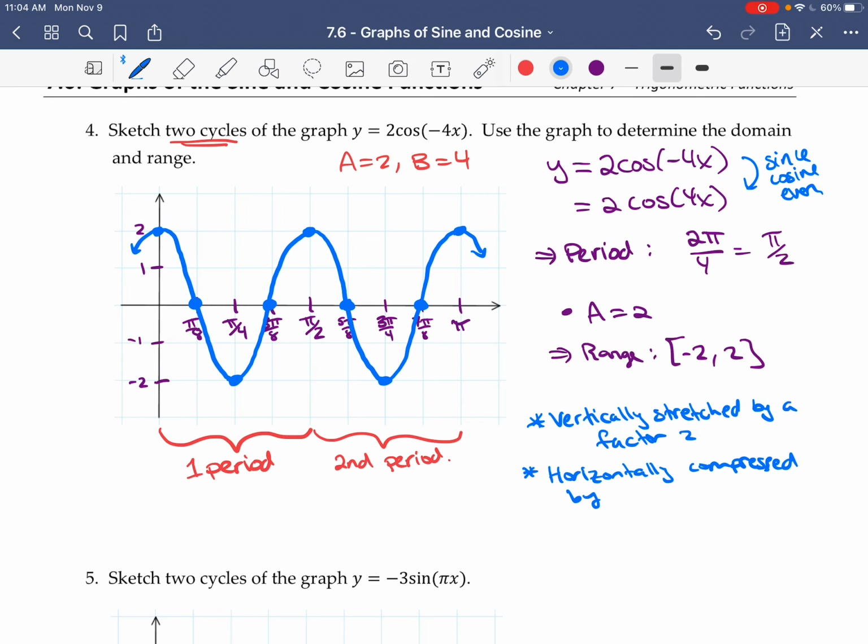So I said compressed, so it's probably a factor of 4. But basically you took your x and you times it by 1/4 to get your new x. For this one you took the y values and you times them by 2 to get the new y values. So that's how we could graph.